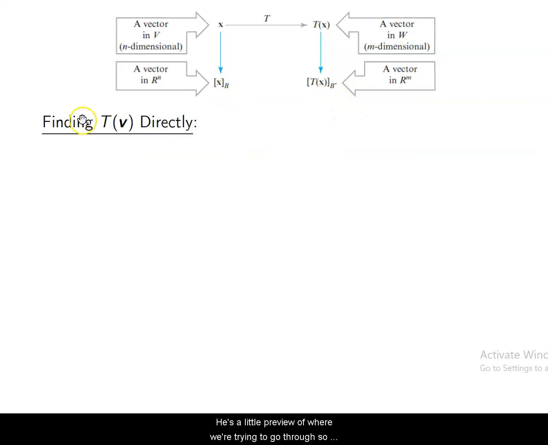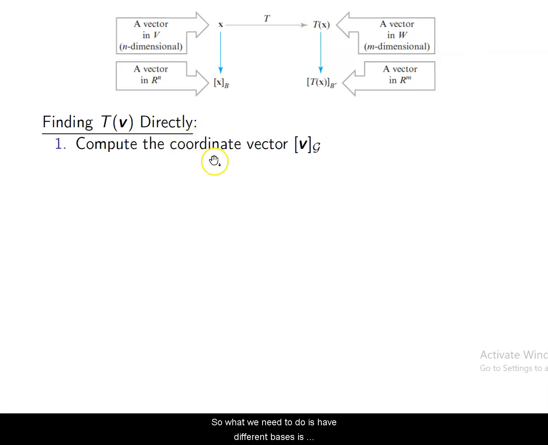Okay, so here's a little preview of where we're trying to go with this. This is basically the step-by-step process of what we need to do for the type of problems that we're doing here. So how do we find T of v directly? Because we have different bases, whatever our vector v is, we have to find it in terms of the coordinate vector that it is being represented in.